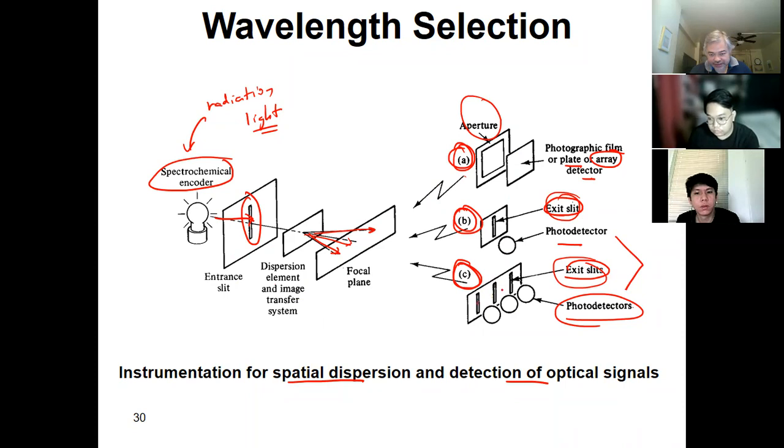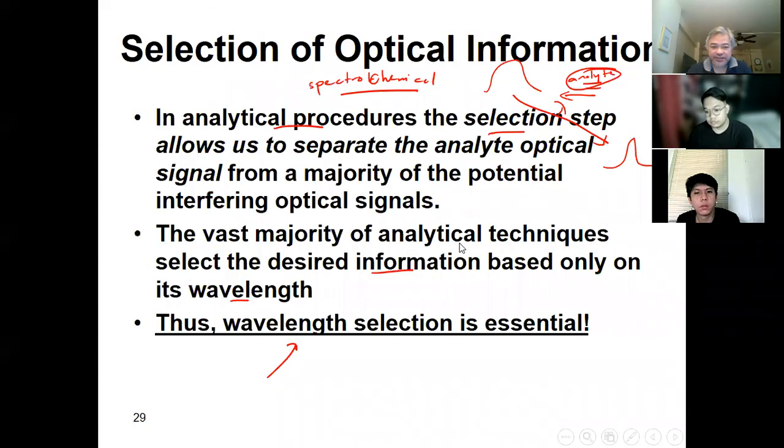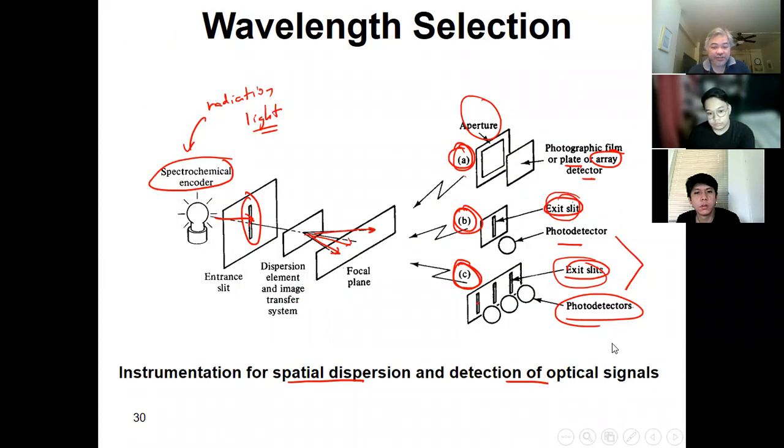So this is the exit slit, and you have a photodetector there. If you have a polychromator, you have several exit slits. So the instrument is usually called, if you have it like this with several detectors, a direct reading spectrometer.